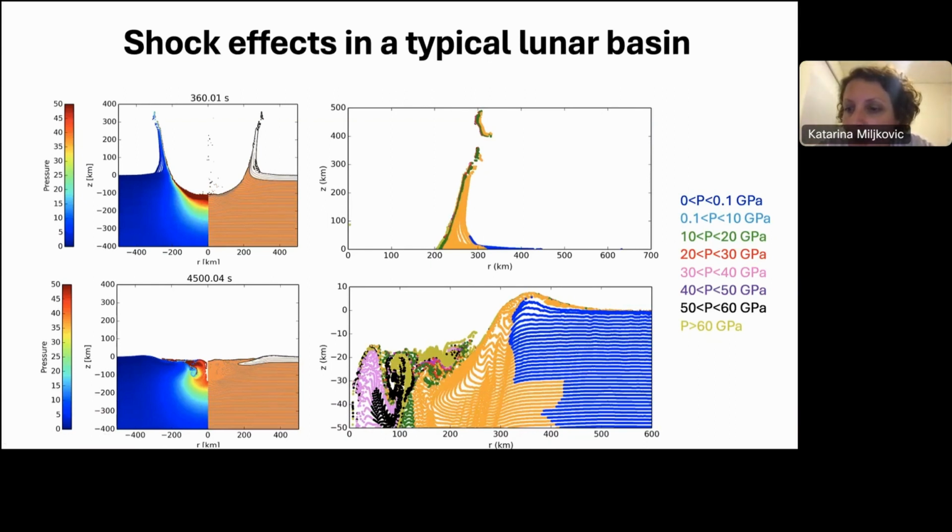It could have been a few GPa order of magnitude, but not too much. So it's going to remain a mystery, I guess. But nonetheless, it's showing you the order of magnitude of the pressures that are experienced within a basin during basin formation.